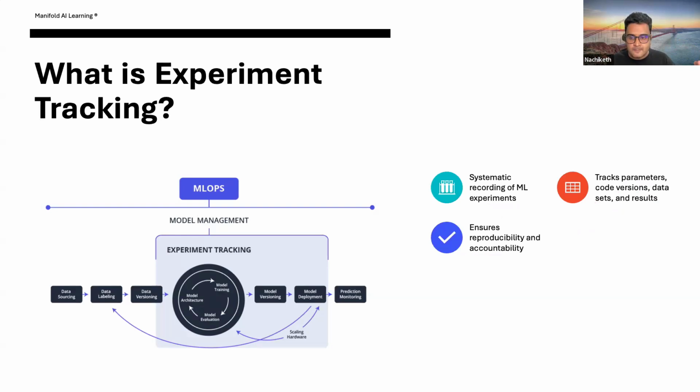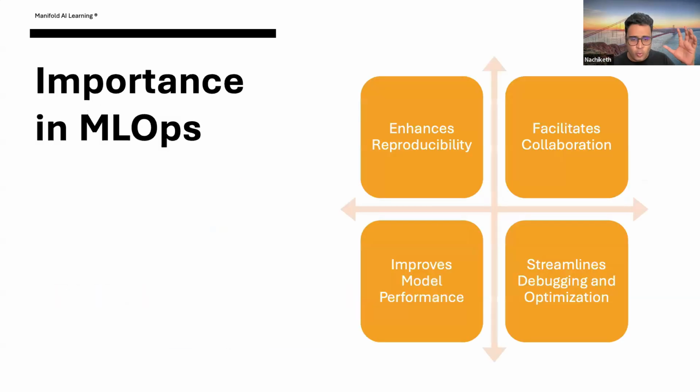In MLOps, experiment tracking is very crucial because it enhances reproducibility, which means the scores that, let's say, team member one has got, we can replicate in other environments, in quality and production as well, because that's one of the key challenges that we have in machine learning.